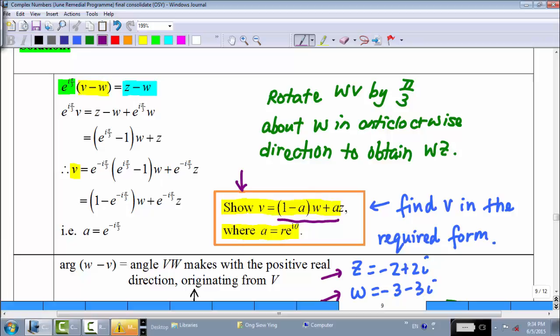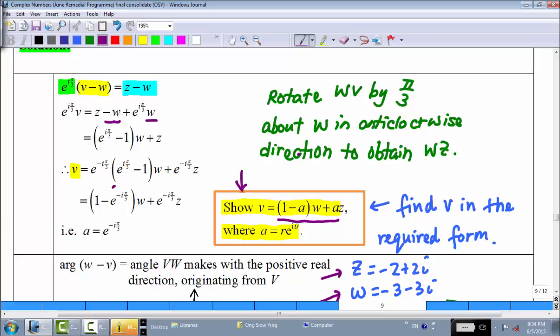So you just need to rearrange it, group the W and W together, and simplify your expression, and then simplify further until you get to the required form. Then you can identify, if this is the required form, what your A is.